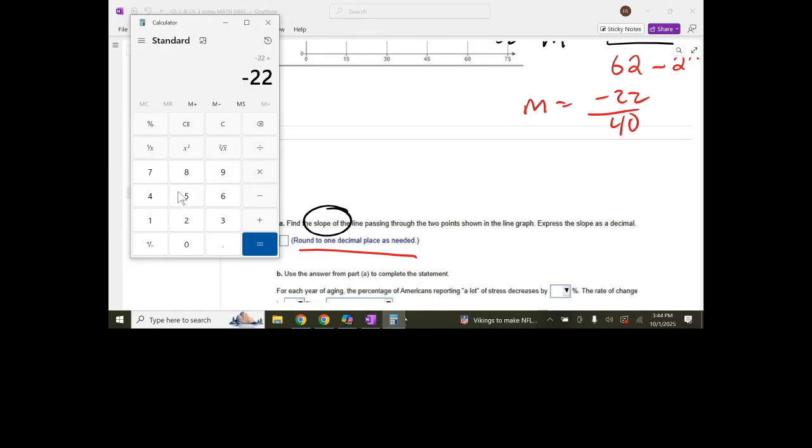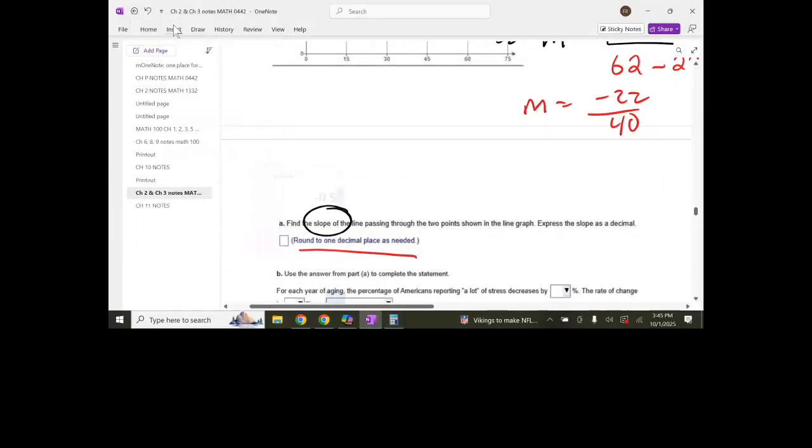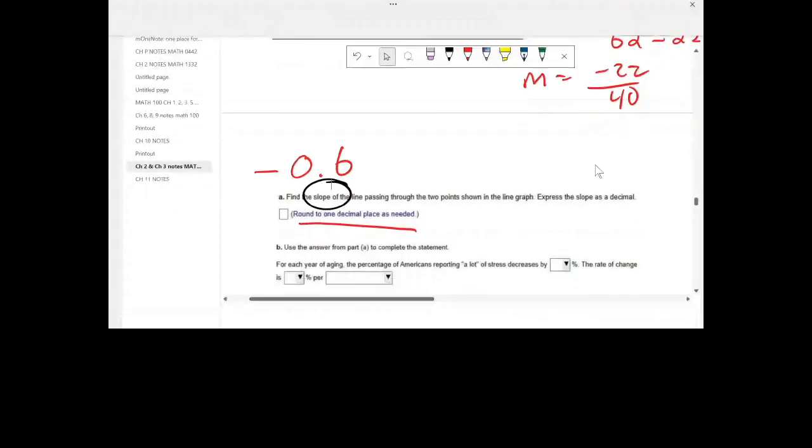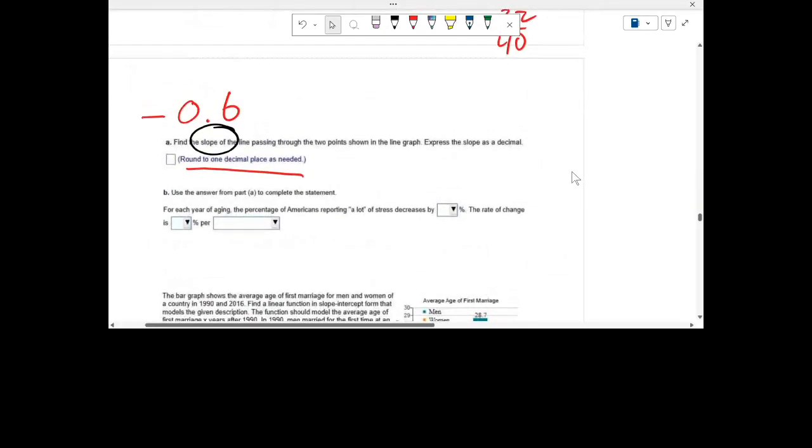Negative 22, we're going to divide it by 40. We're going to go to 1 decimal place. Guys, 1 decimal place means that number. Do you think we should leave that as a 5, or do you think we should round it up to a 6? 6, right? Good. Negative 0.6. Okay, so we're going to go right here. Negative 0.6. Okay. Now, there's a part B to that question. Let's take a look at part B.